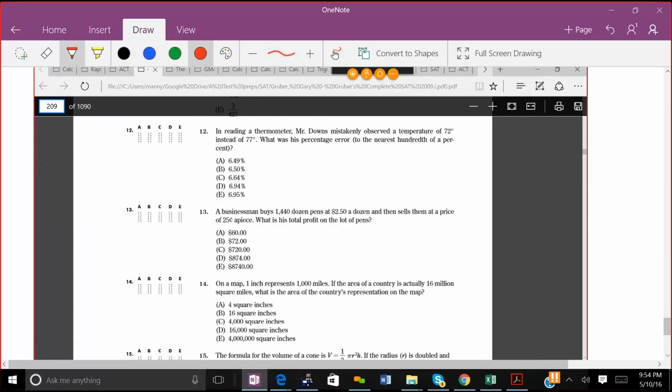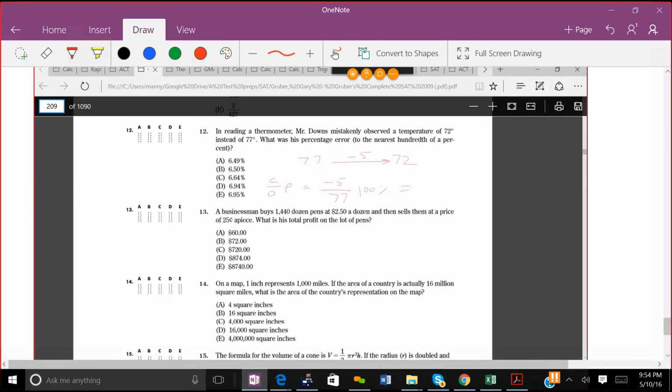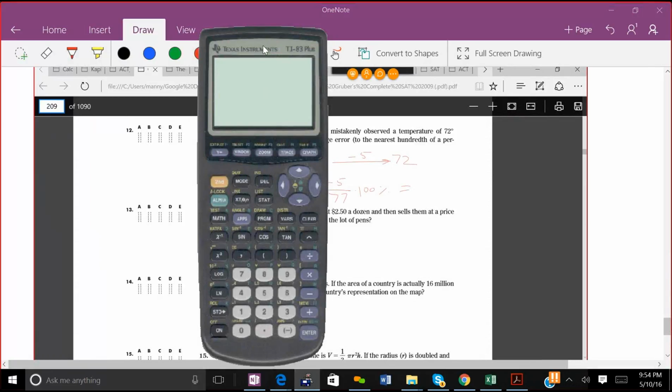You'll see that 77 basically changed to 72, minus 5. So using the COP method, we put minus 5 on top, 77 at the bottom, times 100%. Then you just plug it in the calculator, because you're allowed to have a basic calculator.